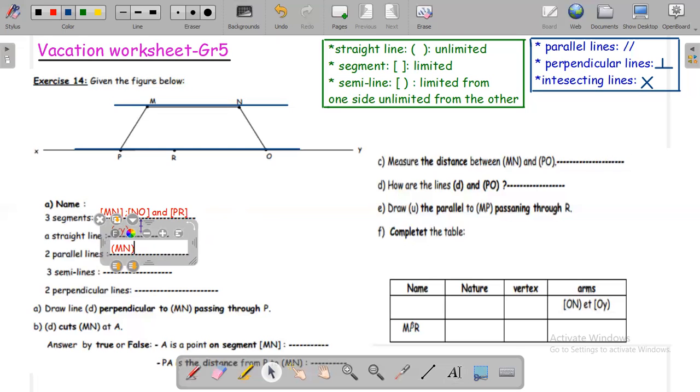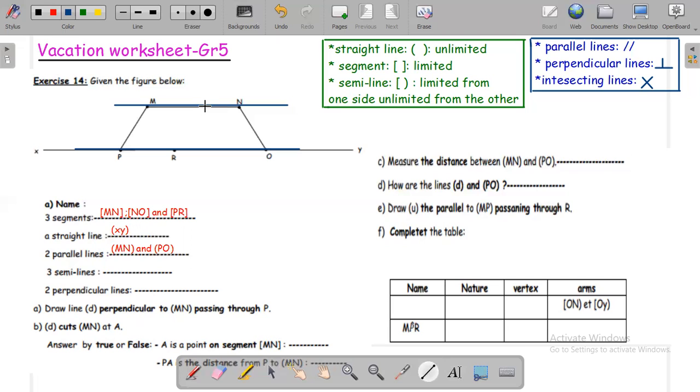MN is a segment, but when we see parallel, we talk about lines, so we see it like a line. So (MN) between parentheses and (PO), and we put capital letters because we have points.